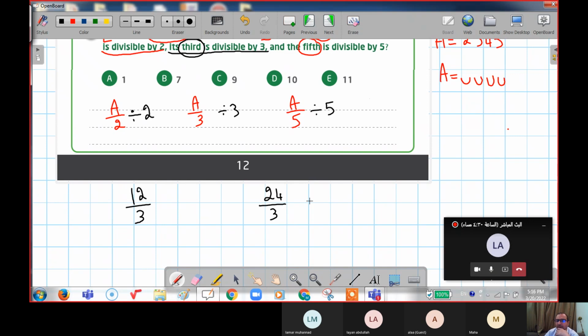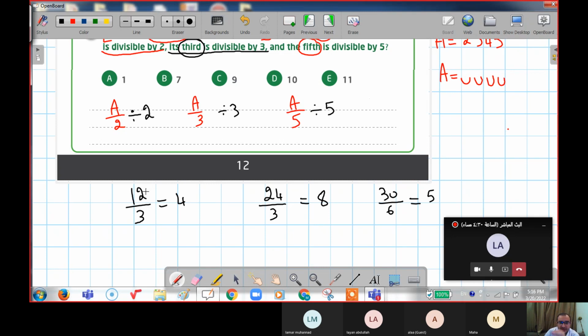It will be equal to what? 24 over 3 equals what? 8. 12 over 3 will be equal to what? 4. Okay. Last example. 30 divided by 6, it will be what? 5. Okay.